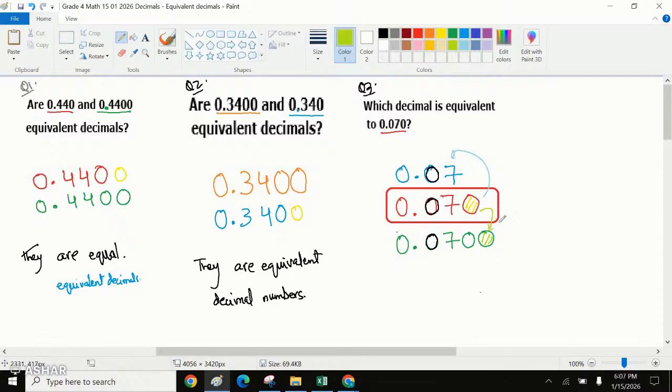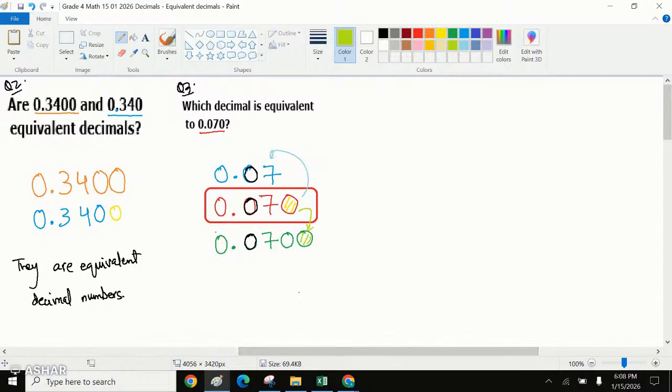And over here, we added one more 0. As long as you can understand, that is very good for us. So if we have to give an equivalent decimal number, we will try to change the zeros. Either we add 0 at the end, or if we can, we will remove the 0. Okay?